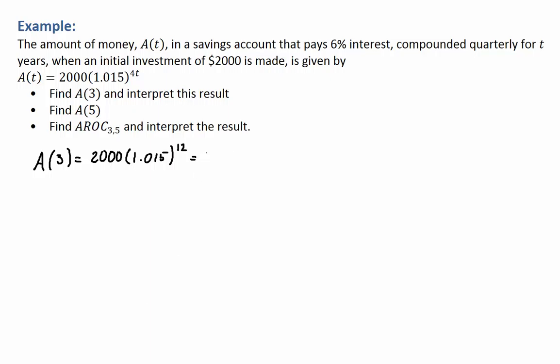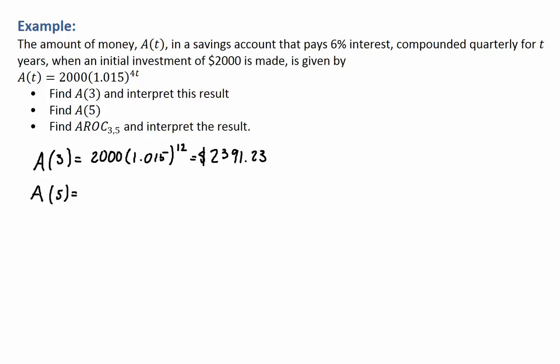And we obtained 2,391 with 23. And since we're talking about money, we're just going to leave it with 2 decimal digits. So then, what does this mean?